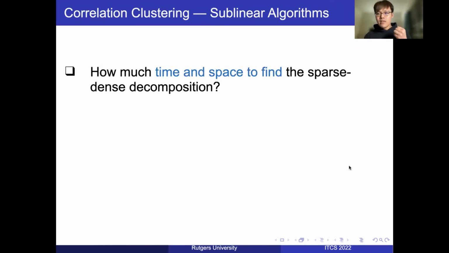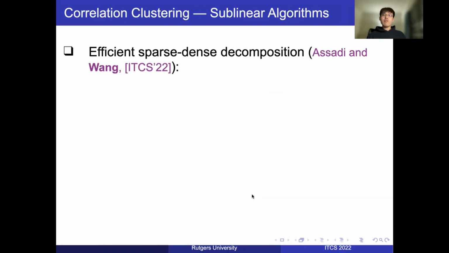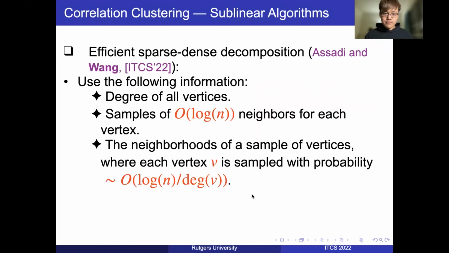And now, how much time and space do we need to find the sparse-dense decomposition? The good news is that by our definition, we can efficiently find this sparse-dense decomposition in sublinear time and space. In our paper, we show that if you are given the following information: one is the degree of the vertices, two is a random order of log n neighbors for each vertex, and the third is the whole neighborhood information for a subset of vertices.